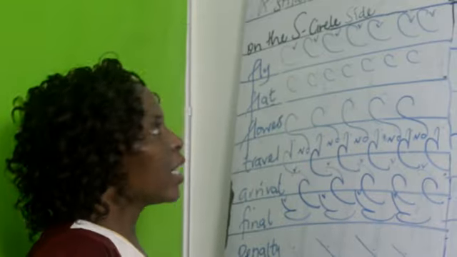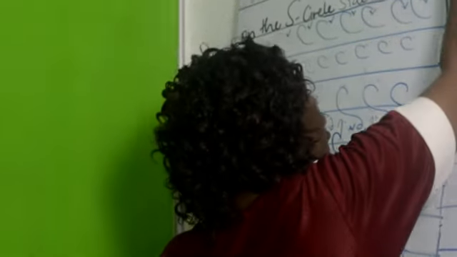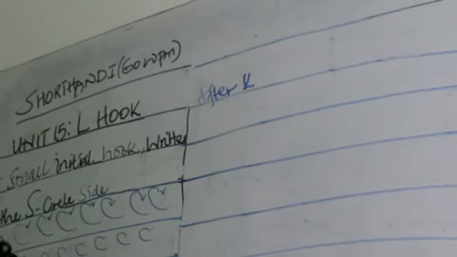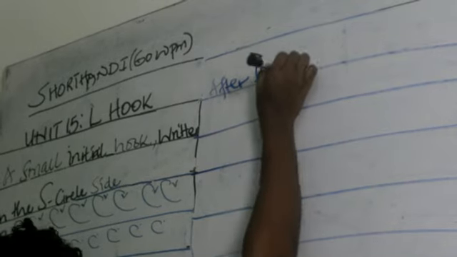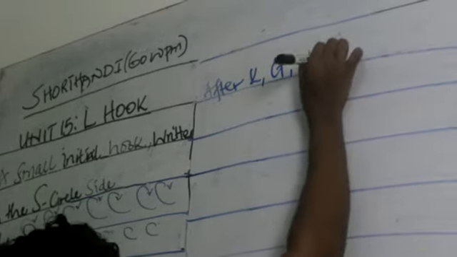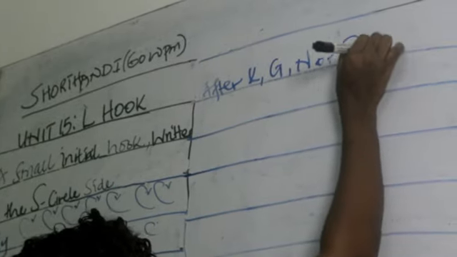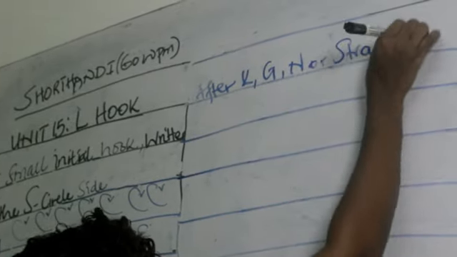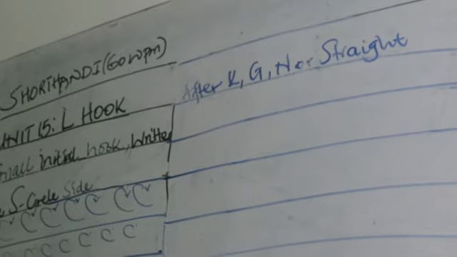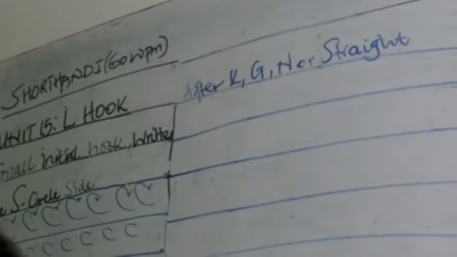So we are saying that after K, after the stalk of K, stalk of G, and then we have N or straight up strokes.